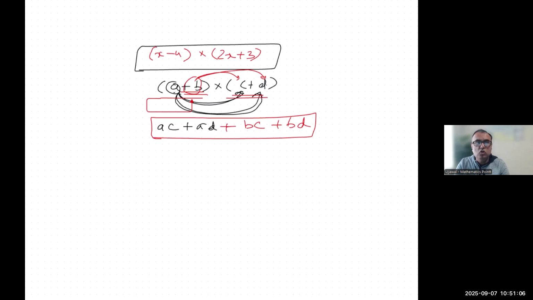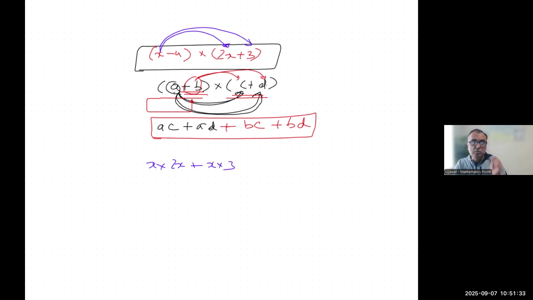Now, let's try to solve this. I'll change the color. So x times 2x. Then x times positive 3x. Sorry, x times positive 3. Now, the second step.